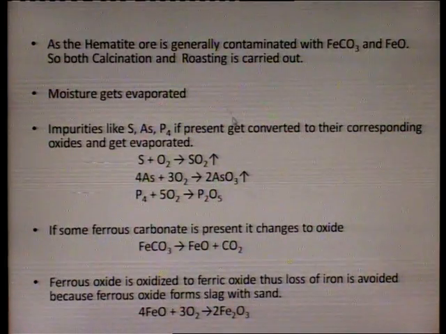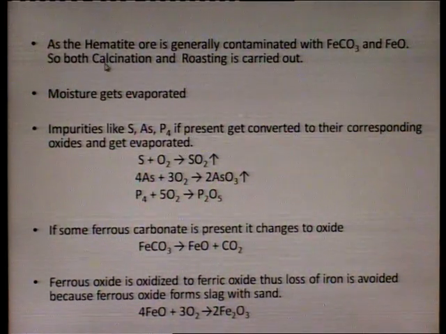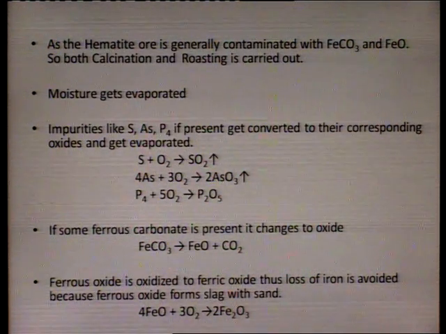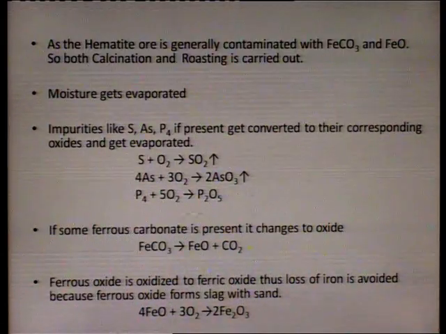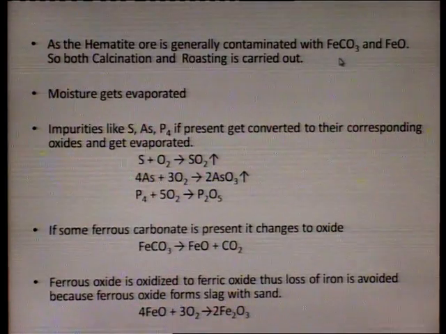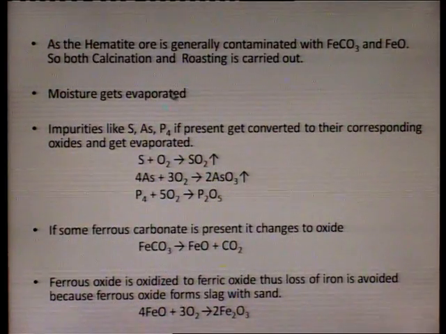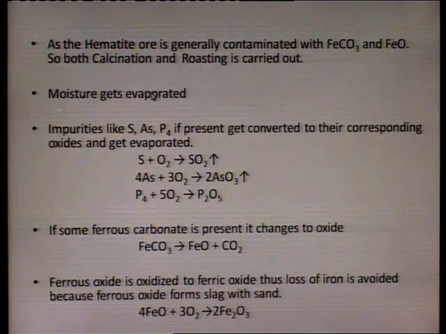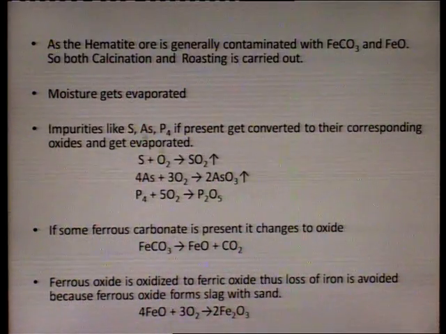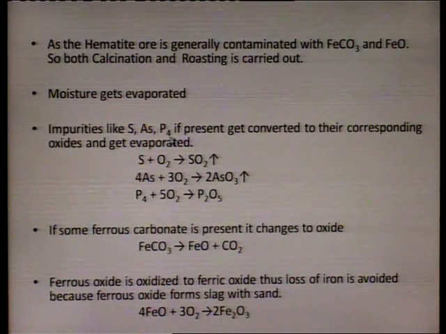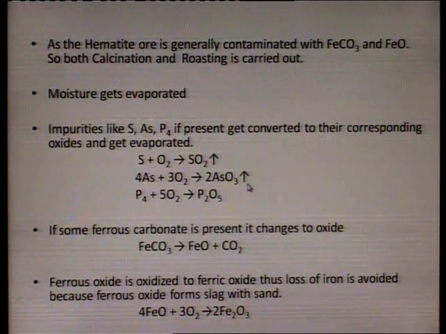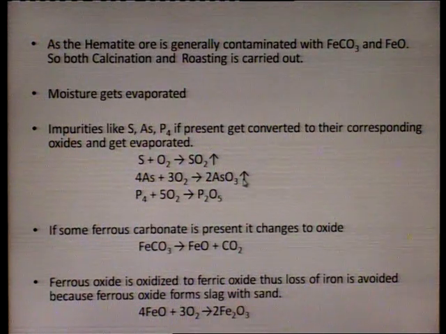So, although the hematite ore is already in the oxide form and there is no need of calcination and roasting, due to the contamination of iron carbonate we have to do calcination and roasting in the case of hematite ore. By this, the moisture is evaporated, and the impurities like sulfur, arsenic and phosphorus, if present, are converted to their corresponding oxides and escape out as volatile oxides.